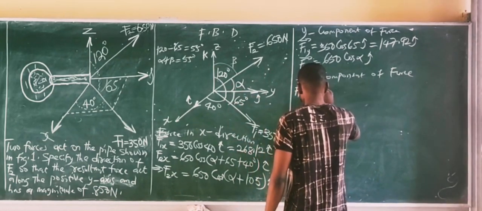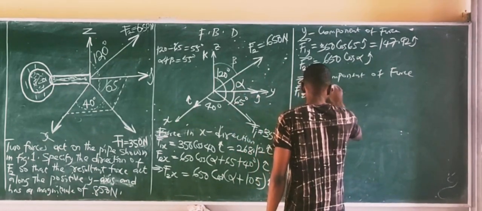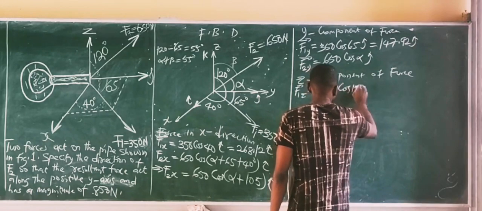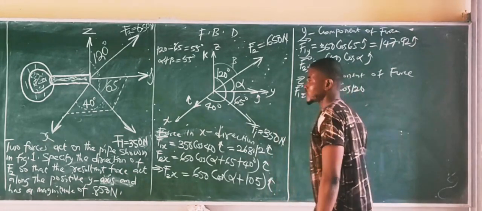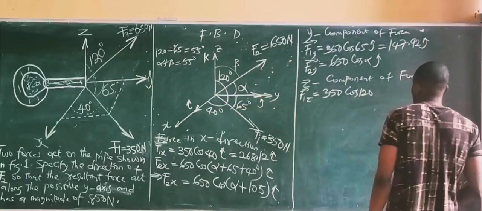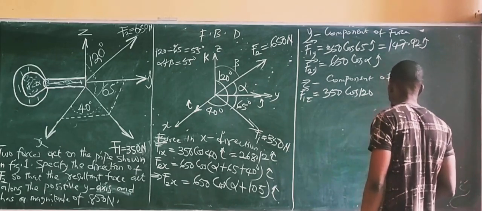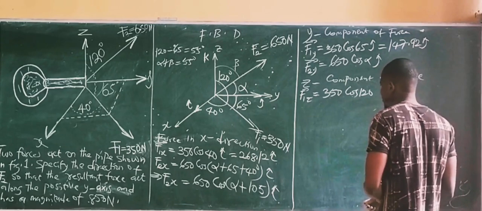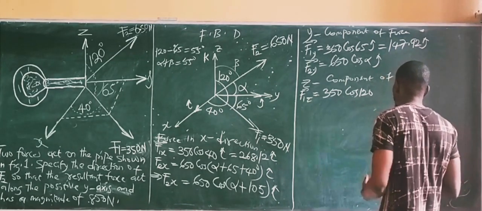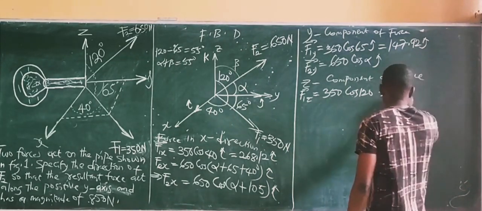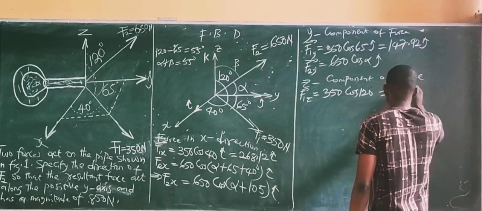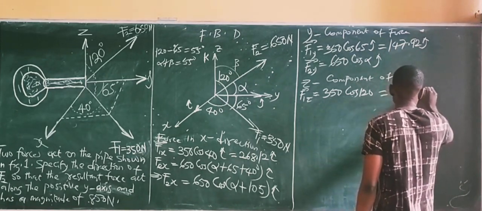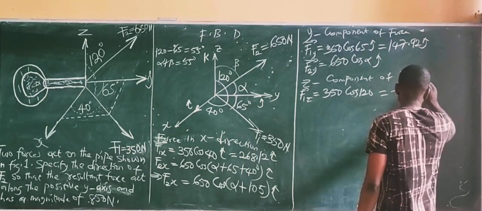So you have 350 cos 120. So 350 cos 120 is what? Negative 175, in the k direction.